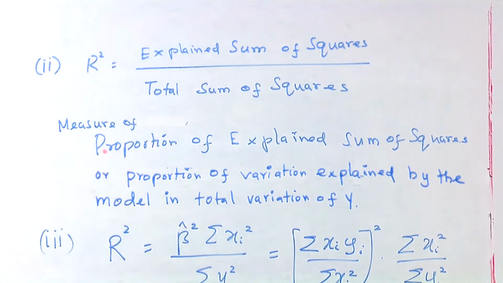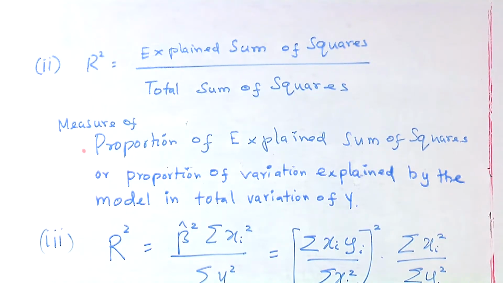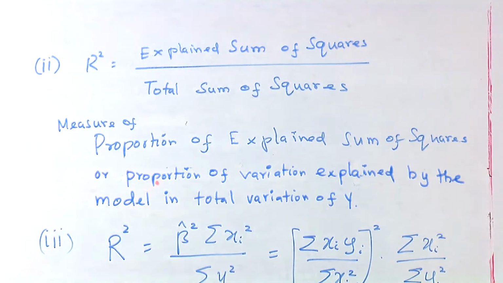In fact, r square will be multiplied by 100 to interpret the value in terms of percentage. So if the r square is 0.9, we'll say 90% of the variation in y is explained by the model. If r square is 0.6, we would say 60% of variation is explained by the model. So this is one kind of interpretation given to r square.